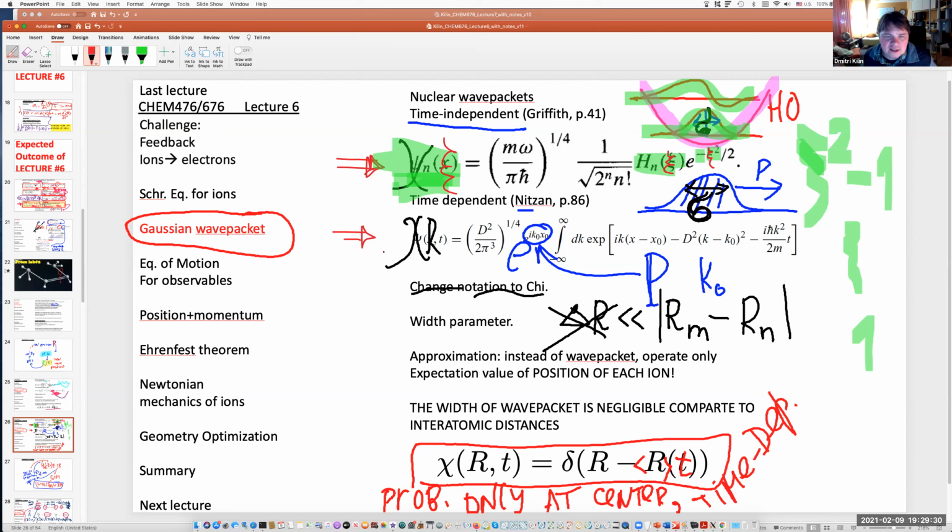And here is an example of a time-dependent solution, which shows how the wave function changes over time.